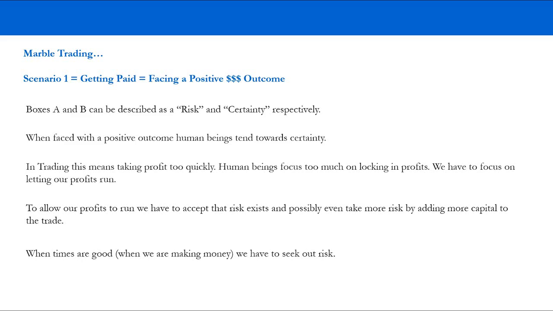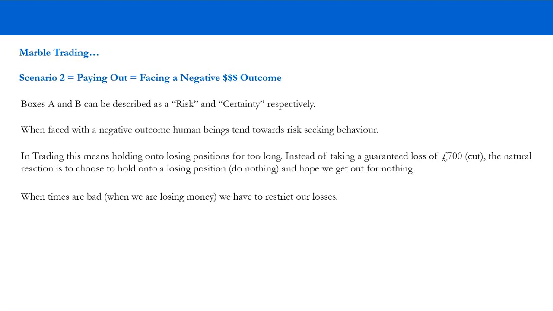Now, what happens when we move to our second scenario, when you are actually paying out? So when you were putting your hand in the box, choosing box A or box B, and the outcome was that you were paying me. Well, in this instance, you're facing a negative numerical outcome, because whichever box you put your hand in, you have to pay me.